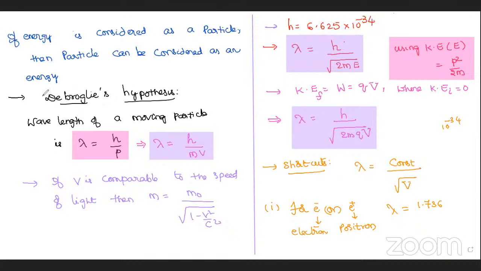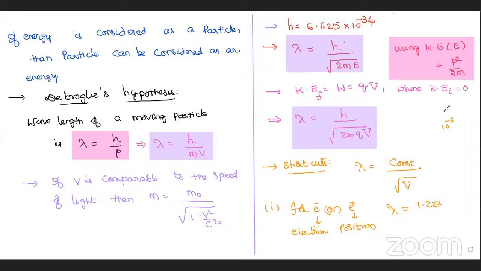Then 0.68. Who is correct there? 6.625 divided by root of 2 into 9.1 into 1.6. I got 1.227. Correct, sir. 1.227.